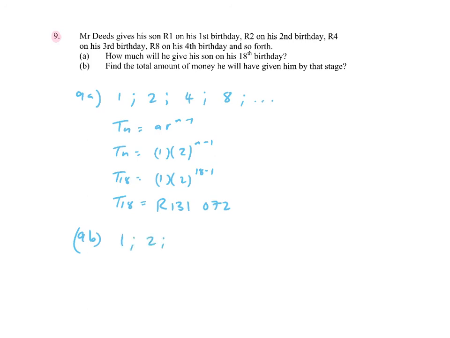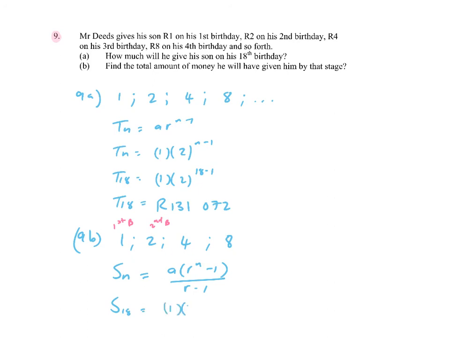So this is on his first birthday. This is on his second birthday, and then 4 is on his third birthday, and 8 is on his fourth birthday, and so on. So in other words, the sum is a r to the n minus 1 over r minus 1. The sum of how many birthdays? 18. And a is equal to 1.